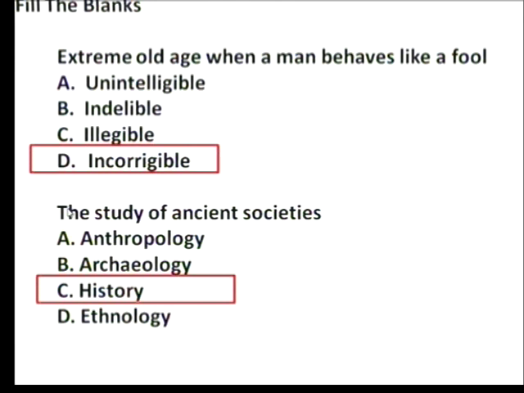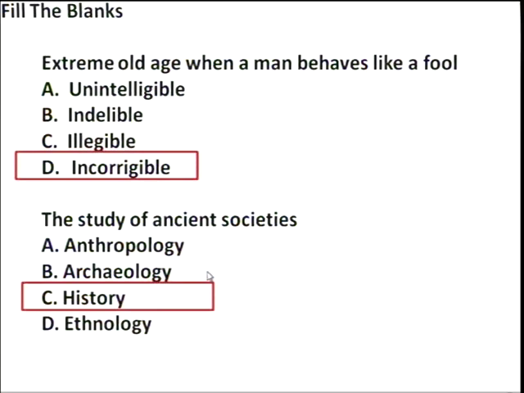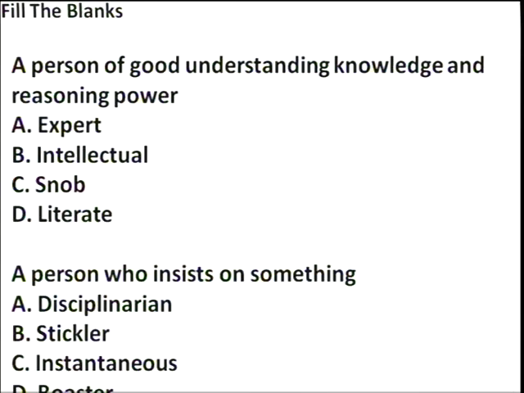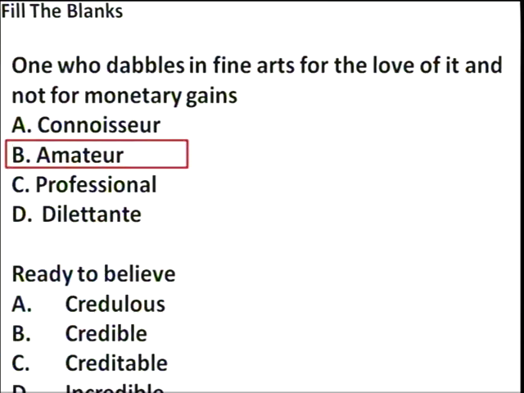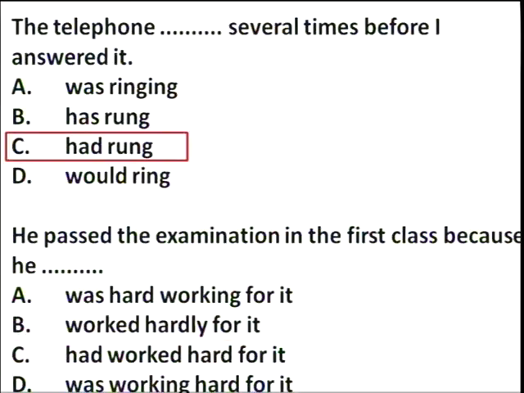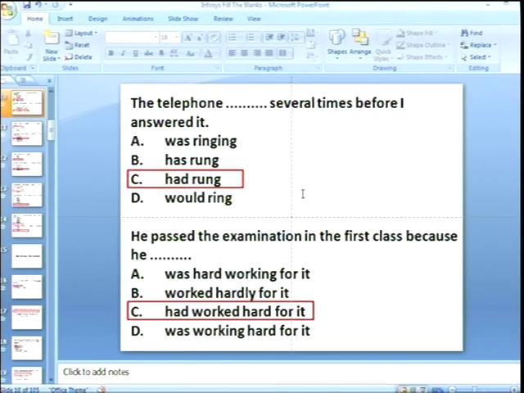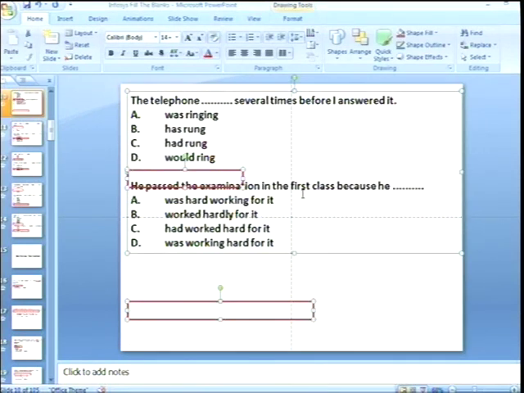You have a question: the study of ancient societies is called history. So these are basically one word substitute, but it can be in the form of fill in the blanks as well. So these are some of the questions where it's all about fill in the blanks. Now let me look at some questions on fill in the blanks as such.